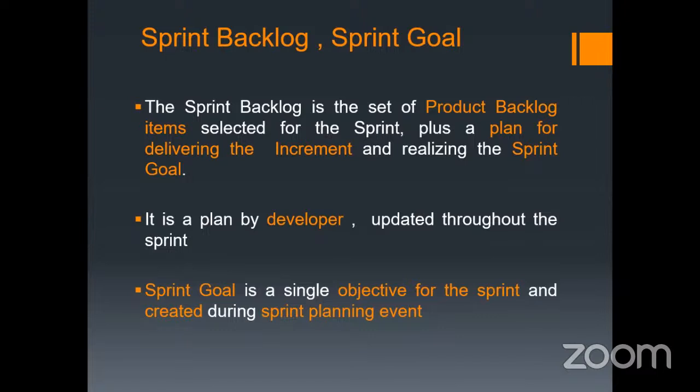The sprint goal is formed during sprint planning, which is one of the events of Scrum. The sprint backlog has a set of product backlog items, a plan for delivering the increment, and the sprint goal. This is done in the sprint planning event by the Scrum team.